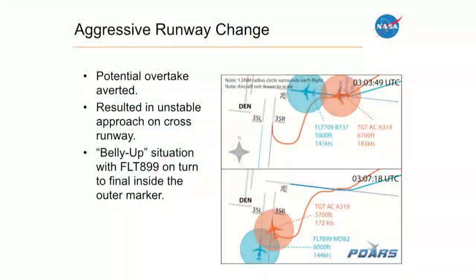So this is another particular anomaly, what is termed, I guess, an aggressive runway change. So this was the case of the anomalous flight, again, in orange. And this is one where the aircraft was lining up for approach, but then he was going faster than the aircraft in front here, and so there was what they call a potential overtake situation.